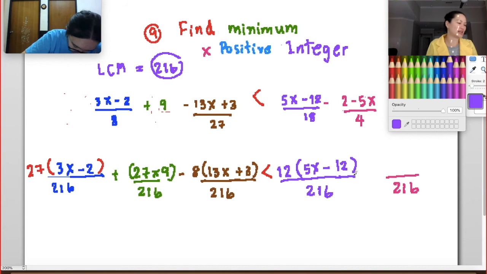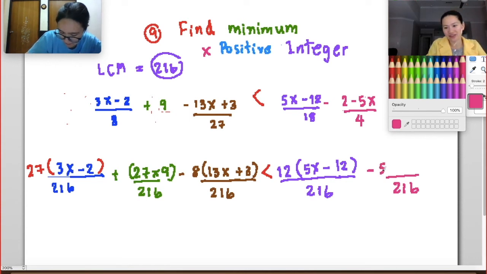And 12 multiplied with 18 is 216. Multiply with 18, minus 4, 54, multiply with 2 minus 5x.